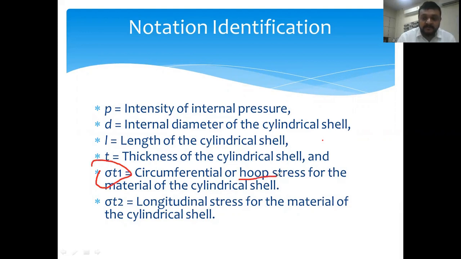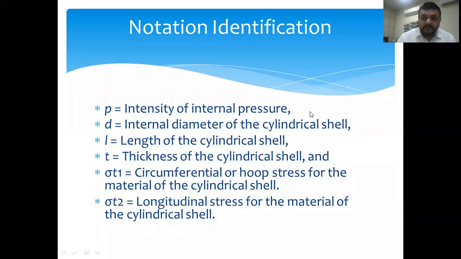Sigma T2 is the longitudinal stress, sometimes called the stress over the length of the axis of the pressure vessel. So this is about the terminology of the pressure vessel before designing.